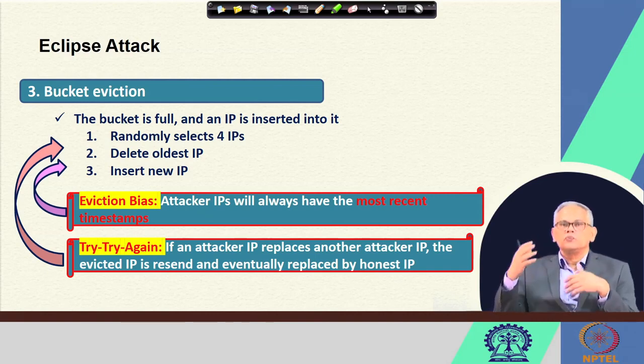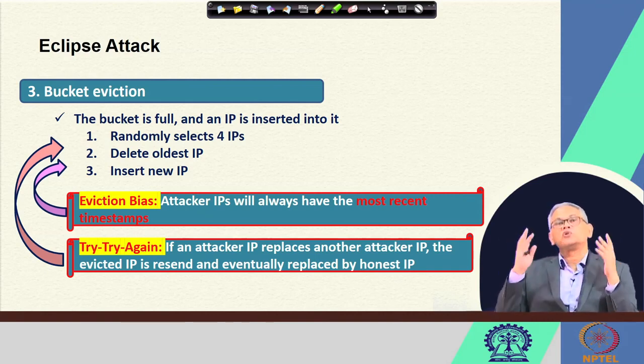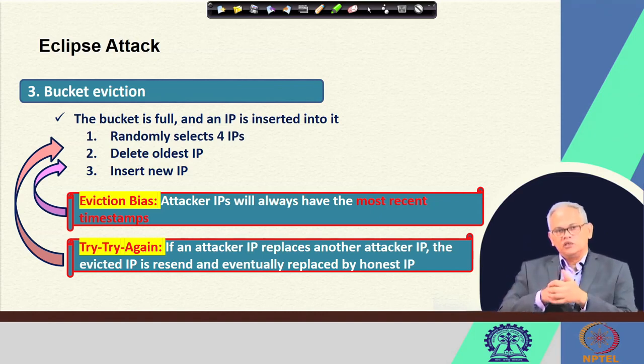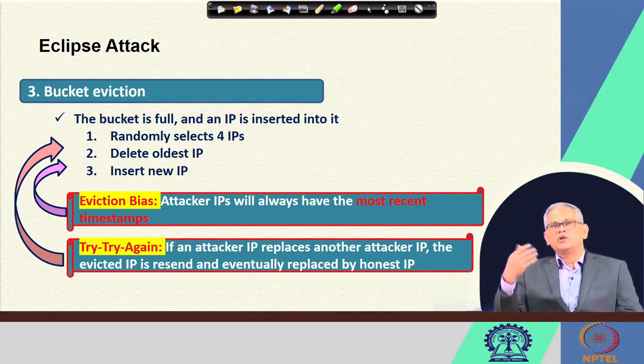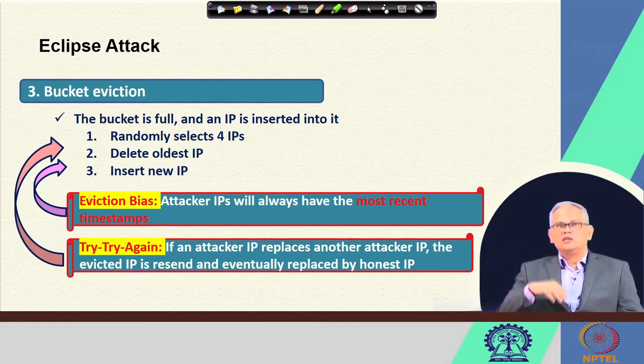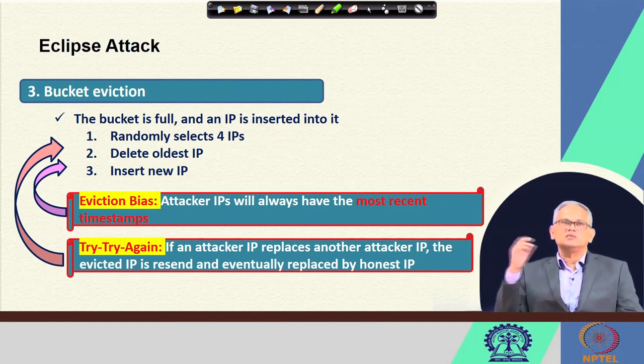As we said, the IPs are stored in the form of buckets in those tables. A table will have a certain number of buckets and each bucket will have a certain number of IP addresses. When a bucket is full and an IP is to be inserted, some of the IPs are to be evicted. It randomly selects a number of IPs, say 4 IPs, deletes the oldest IPs and inserts the new IPs.